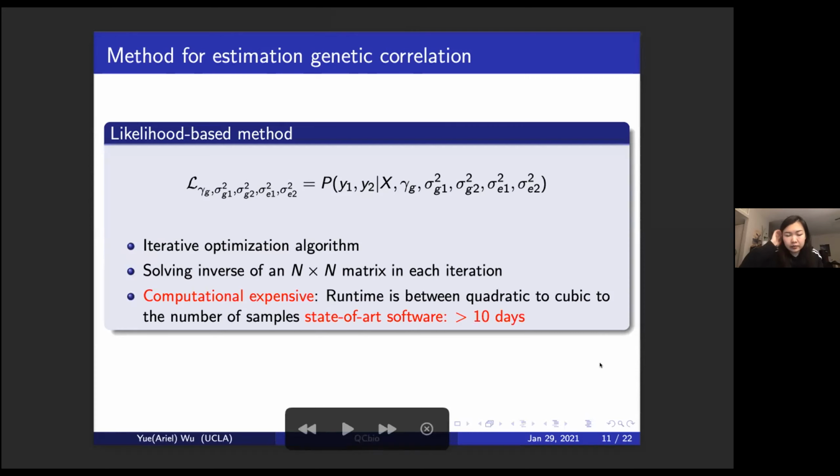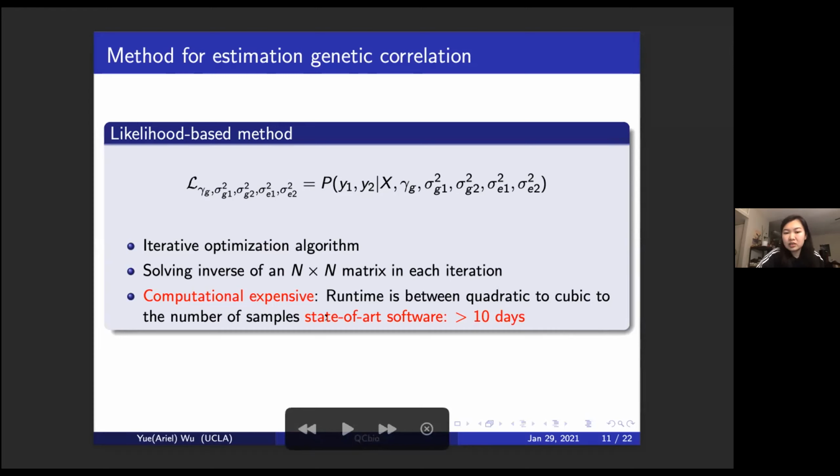And the state-of-the-art software takes more than 10 days to run on biobank data, because for the biobank, we have 500,000 individuals and 500,000 variants for array data, and then we have more for imputed genotypes.